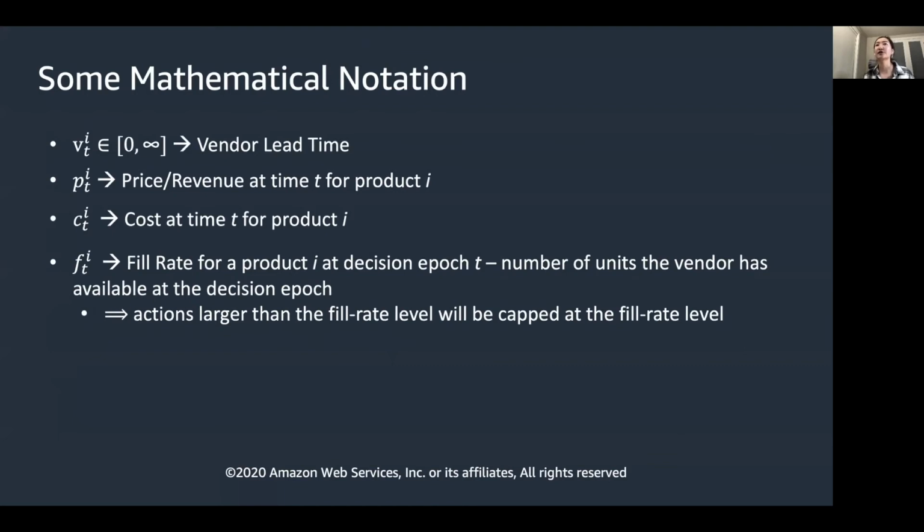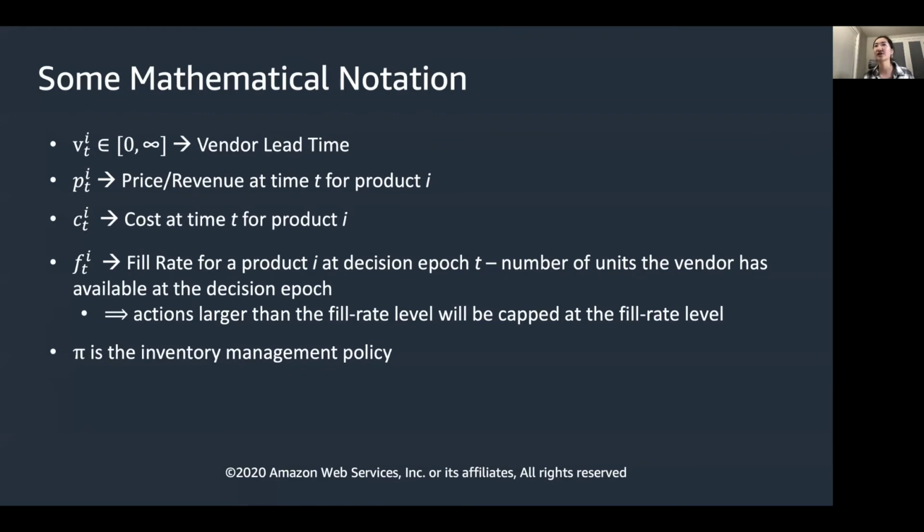And we have this notion of F_t^i. It is a fill rate for product i at decision epoch t. It denotes the number of units that the vendor has available at decision epoch. So it is intuitive that an action larger than the fill rate level will be capped at the fill rate level. And this one you may be already familiar with: pi is the inventory management policy.